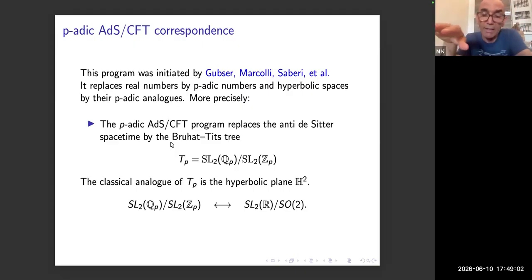SL2(R) acts on the upper half plane by Mobius transformations, and the isotropy group of one point, for example i, is SO(2). It acts transitively, so the quotient is the upper half plane. There's a very similar picture in the p-adic world: SL2(Qp) by SL2(Zp) is the Poincare upper half plane in the world of p-adic numbers, which are these Bruhat-Tits trees.